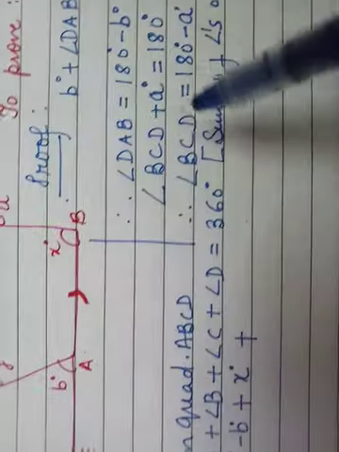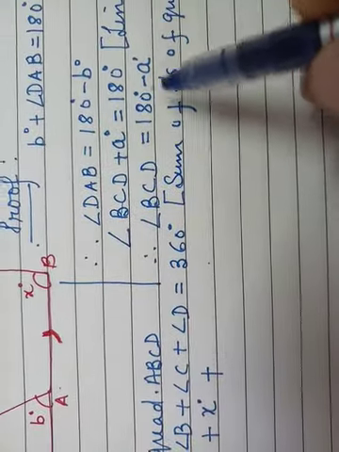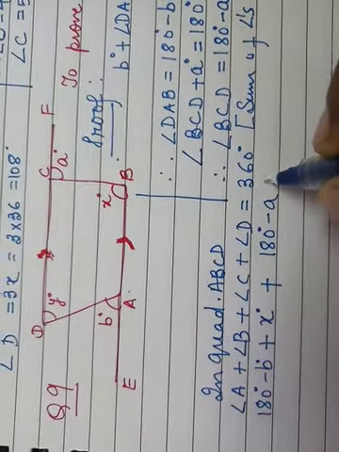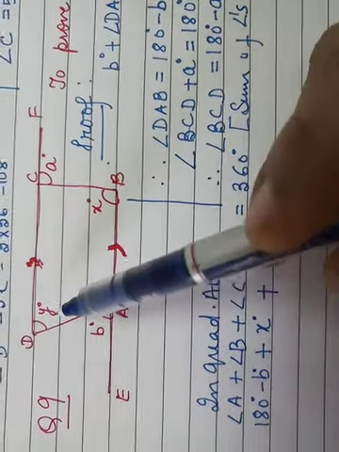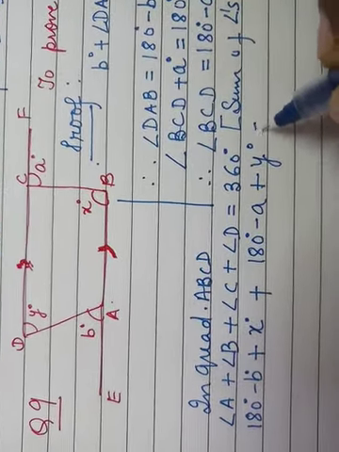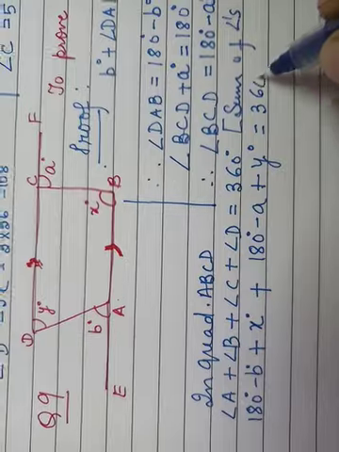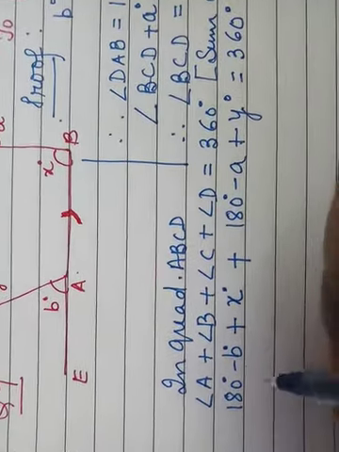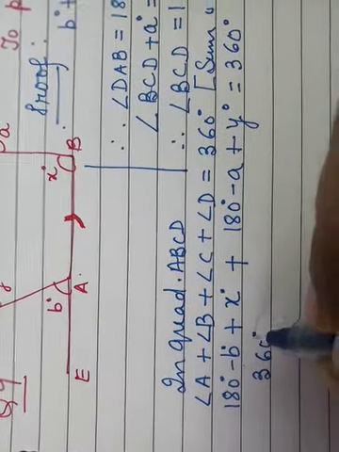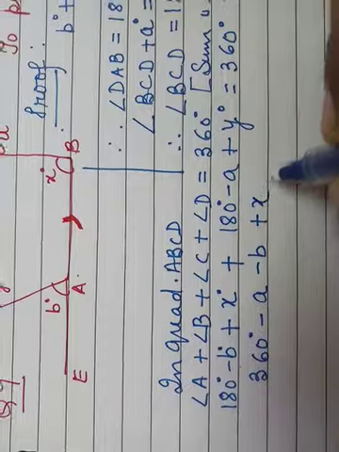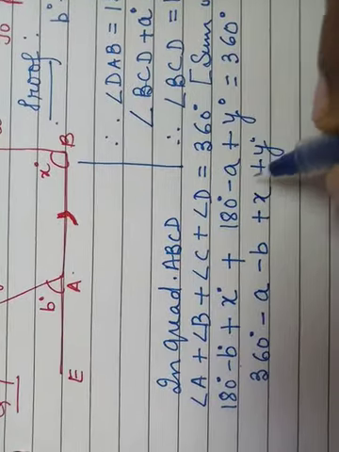Angle C we calculated above, that is equal to 180 minus b, plus angle D. Angle D is equal to y degrees. So that is equal to 360. 180 plus 180 will give you 360, minus A minus B plus x plus y is equal to 360 degrees.